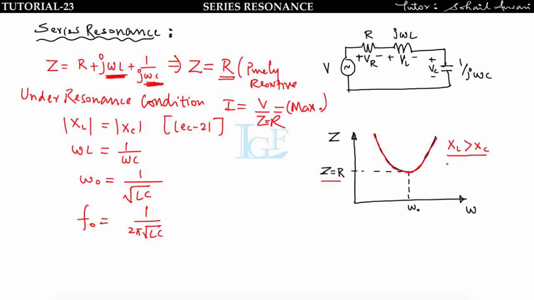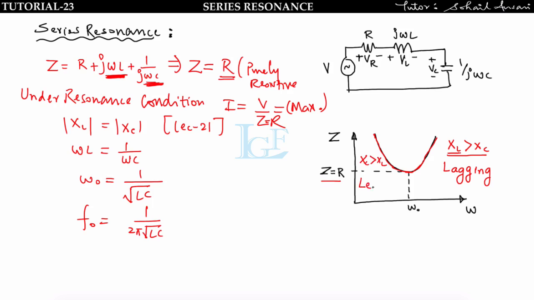So we can say that the overall circuit will behave like a lagging load. Why? Because XL is greater than XC, the overall circuit will behave like a lagging circuit. Now at low frequency XC will be greater than XL.